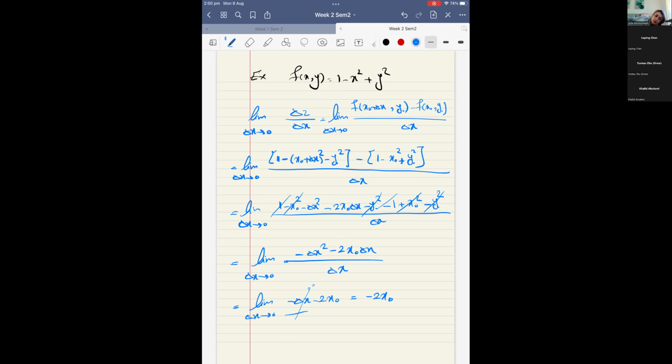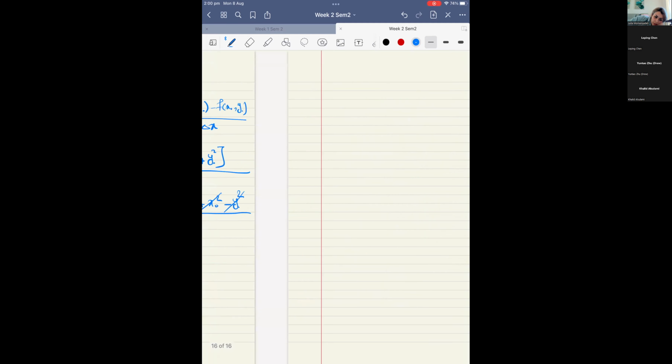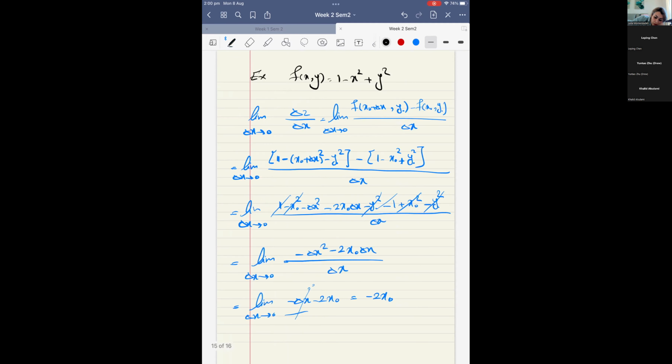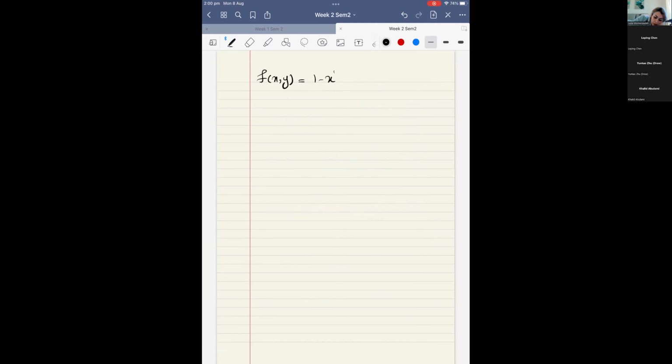Okay. Now I can do this in this way as well. I write again here f of x and y equal to 1 minus x squared plus y squared. What does that mean?